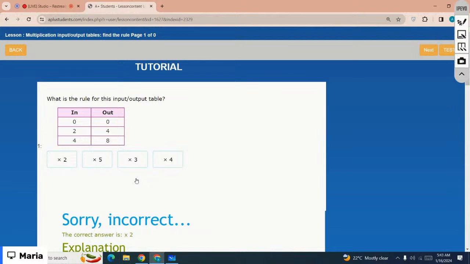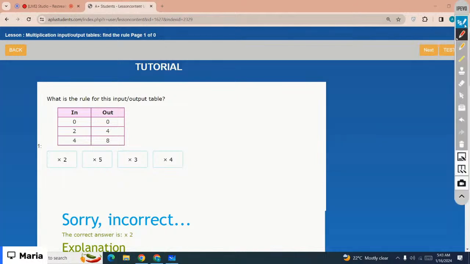What is the rule for this input output table, right? Just look at the input values. 0 gives 0. Here you have 2, here you have 4. Here you have 4, here you have 8.